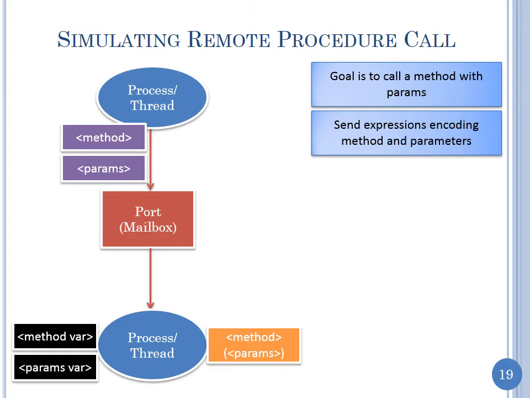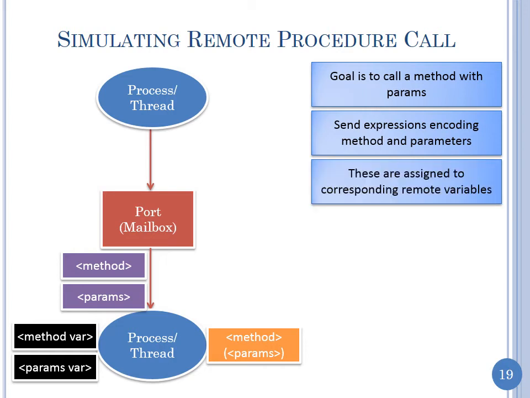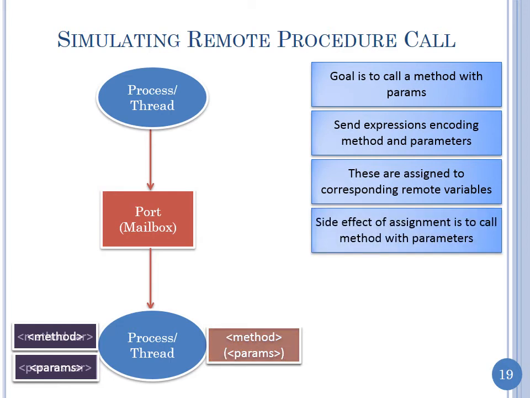These will be different items in the same queue. These different values get put in the queue, get retrieved from the queue, and get assigned to the corresponding remote variables one by one. Then the receiving process, once it receives all the data it expects, can go and call the method. That's pretty much what happens in the systems I talked about.